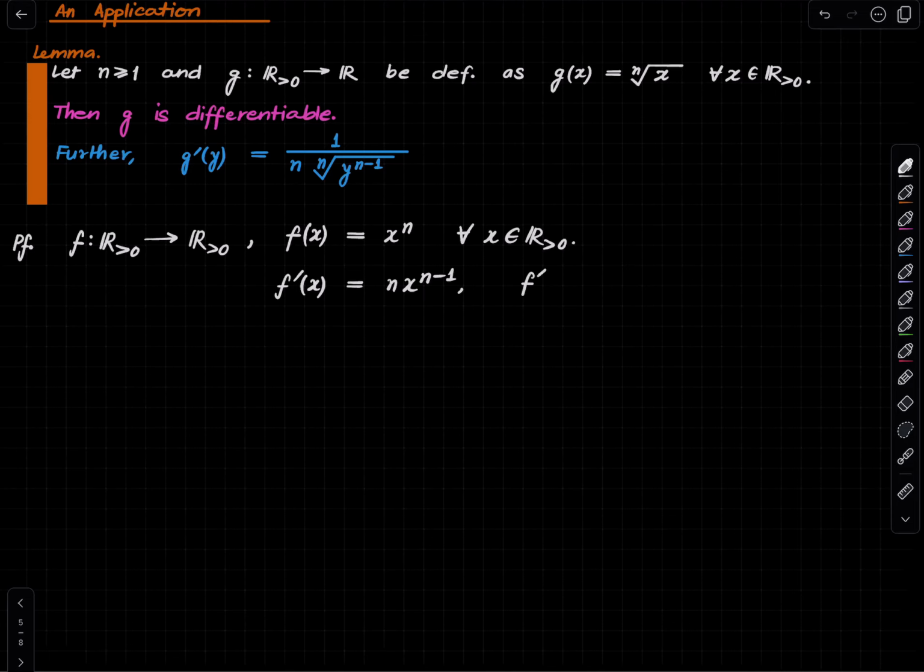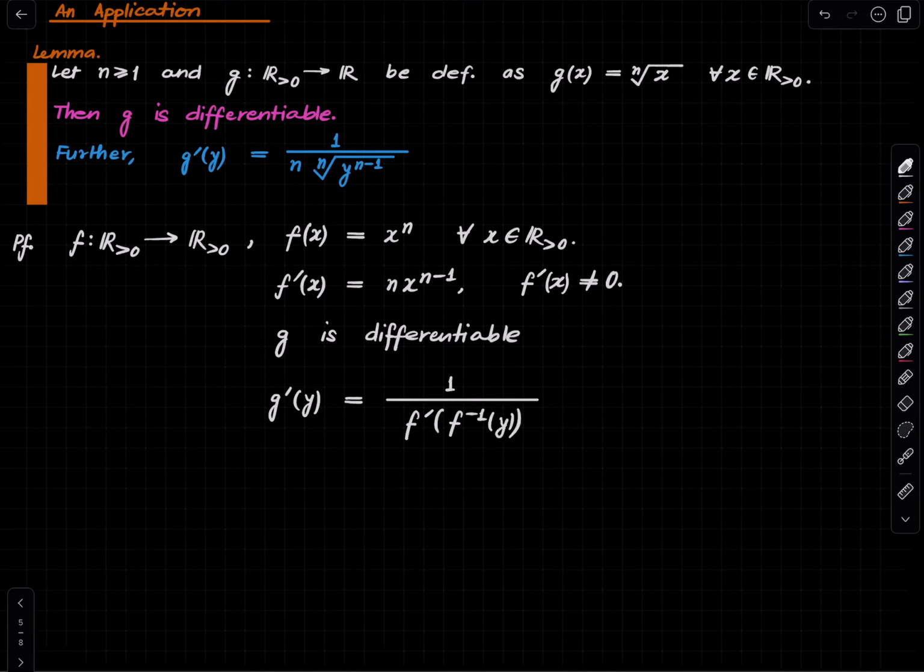So the derivative never vanishes. And now you can just apply the previous theorem. The inverse function theorem shows that g is differentiable. And in fact, the derivative of g at any point y is this thing.